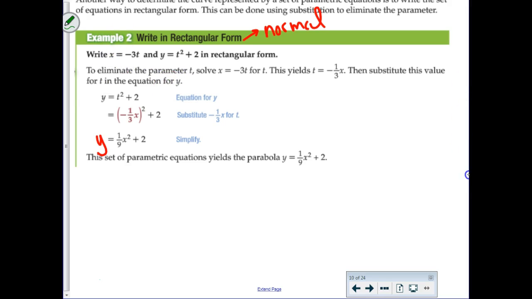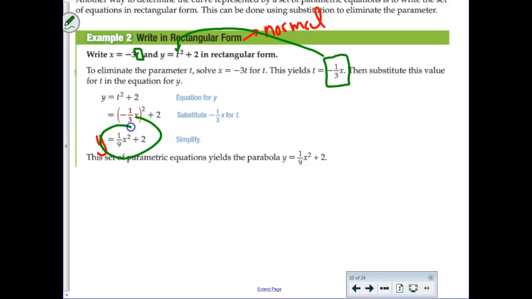They take the equation for x, they solve it for t, so they would divide both sides by -3, and then they take that for t and they plug that into the y equals version, that part of the equation. So after they do that, they get 1/9 x to the second power plus 2, and they simplify, and that is a rectangular equation. That's like something we could plot in our traditional Cartesian coordinate plane that we are very used to in Algebra 2.